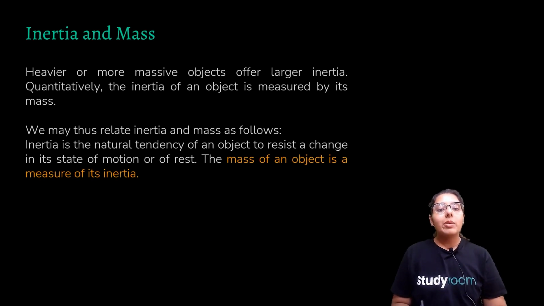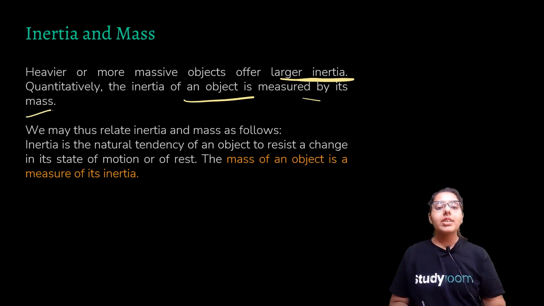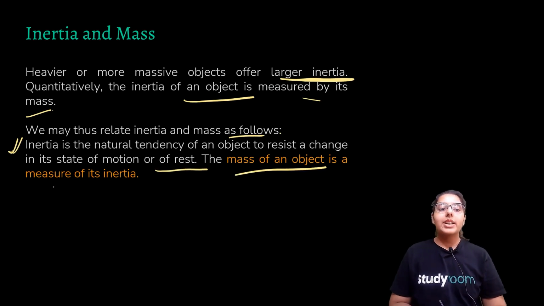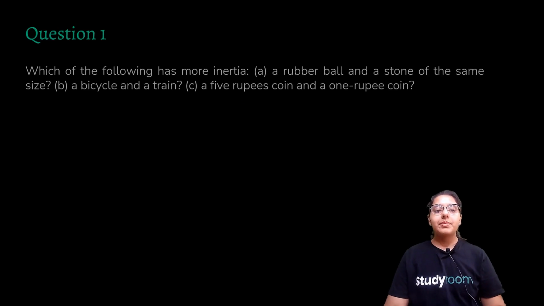Heavier or more massive objects offer a larger inertia. Quantitatively, the inertia of an object is measured by its mass. We may thus relate inertia and mass as follows. Inertia is a natural tendency of an object to resist a change in its state of motion or of rest. So the mass of an object is a measure of its inertia.